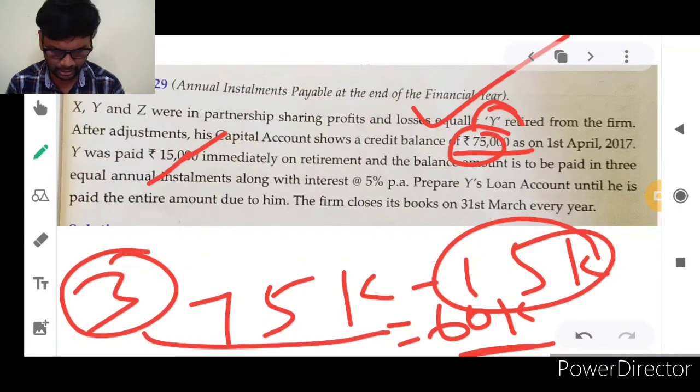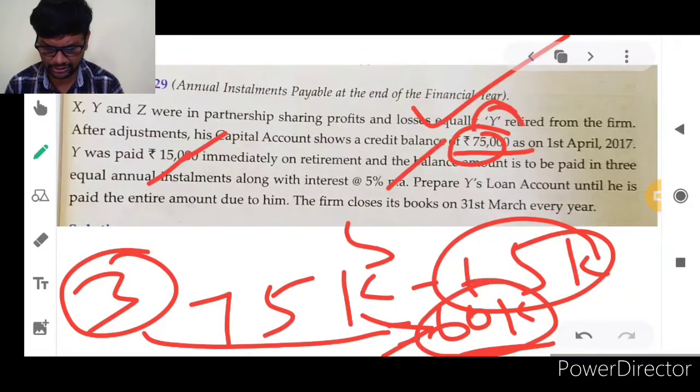They are taking 3 equal annual installments, so 3 years, to pay this 60,000. At the same time, along with it they are ready to give 5% interest on this 60,000.